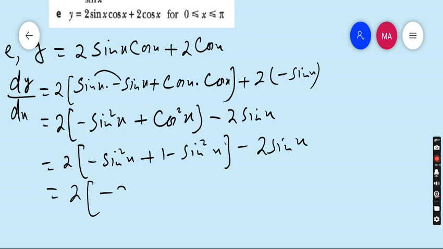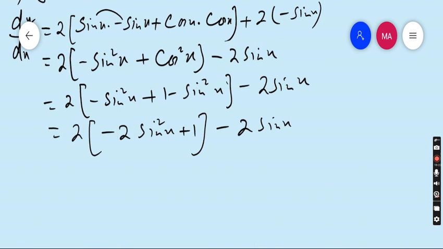Minus sin square is minus 2 sin square x plus 1 minus 2 sin x. Two twos are minus 4 sin square x, 2 ones are 2, minus 2 sin x.